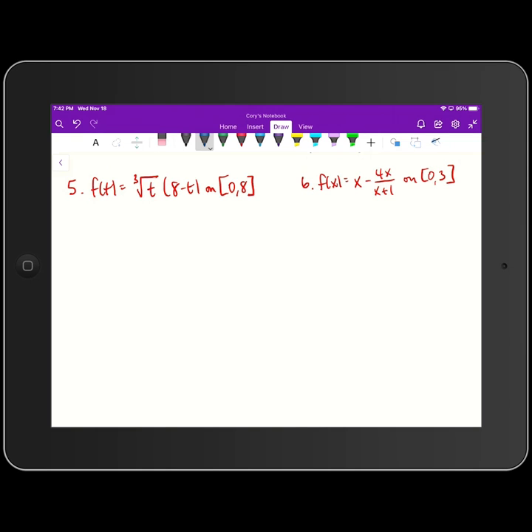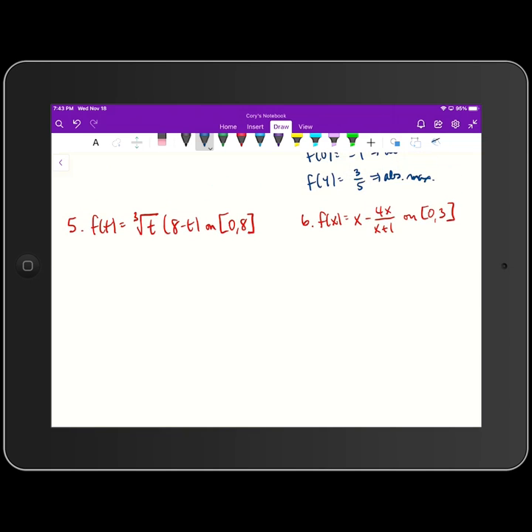Now you have two ways that you can proceed with this. If you want to use product rule to differentiate, that's fine. What I'm going to do instead is rewrite the cube root of t as t to the 1/3 power, and then distribute t to the 1/3 power across both of those terms. That's going to give me 8t to the 1/3 power minus t to the 4/3 power.